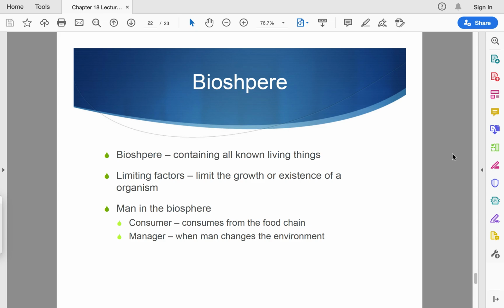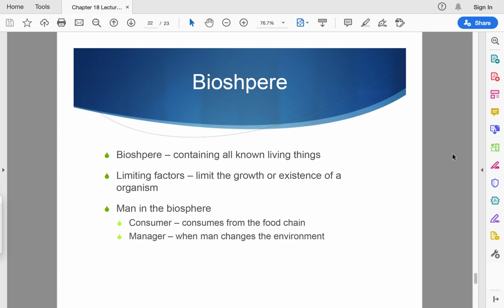Okay? We can manage our environment in a sense that we can hunt for animals or we can let the animals live. Okay, right now there's a project where they are trying to restore wolves into the natural environment in America because many of them were hunted and killed in our early history, and so now they're trying to restore wolves into the natural life in our country, out in the wild.